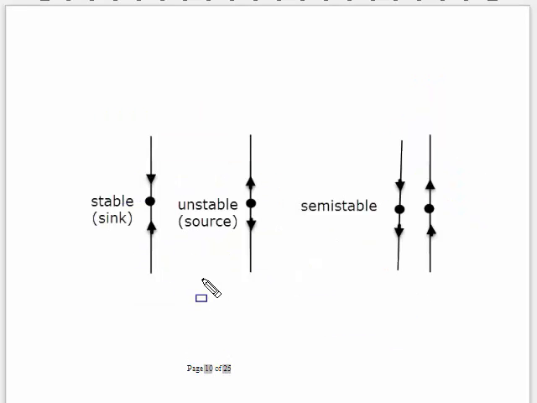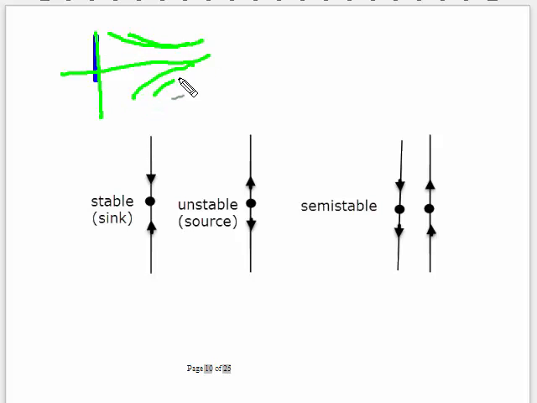Now there are several methods to determine whether the equilibrium solution is stable or unstable or semi-stable. In one case, we can just look at the phase. If we draw a phase line, we can see it immediately. So if we remember for the stable situation, say if that was the equilibrium, then these solutions are converging onto it.